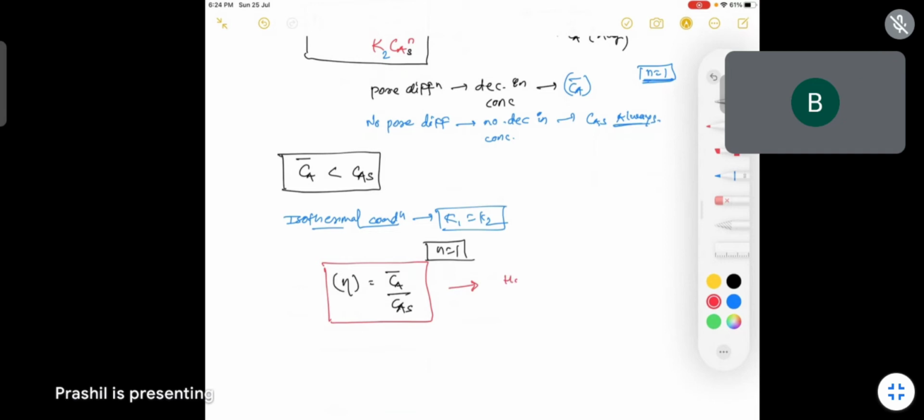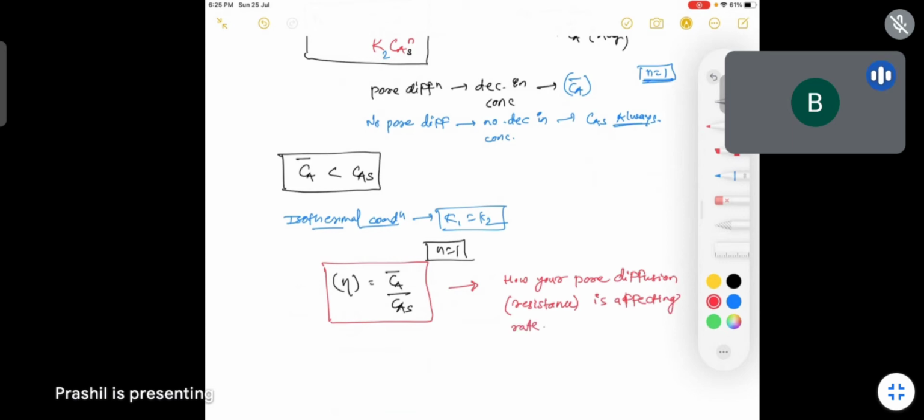How your pore diffusion, or you can write resistance, is affecting the rate, right?